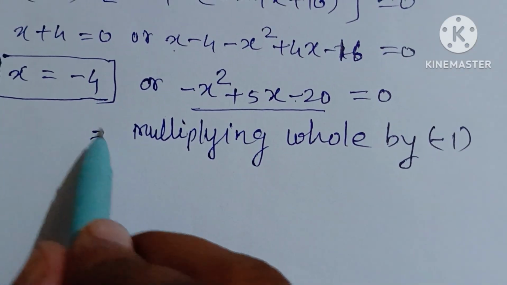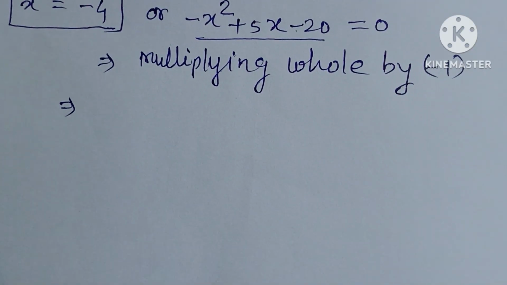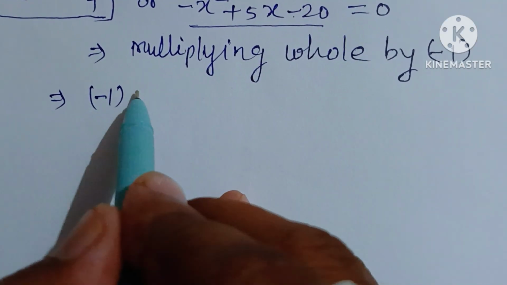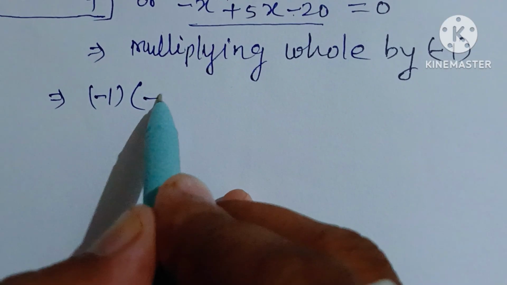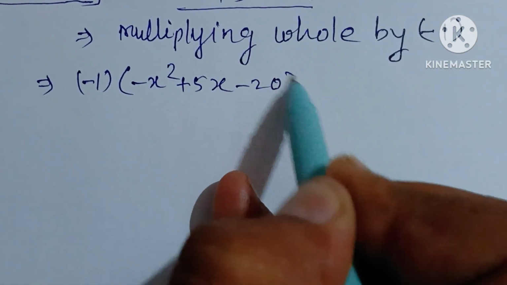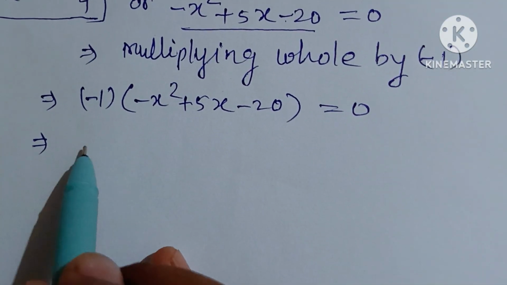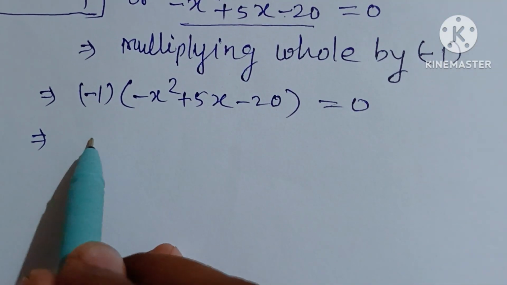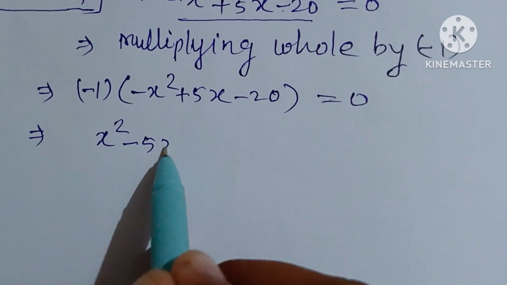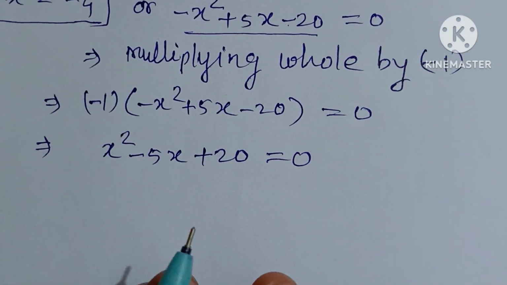So we get minus x square plus 5x minus 20 equal to 0, implies that if you multiply by the minus sign, minus into minus becomes plus: x square minus 5x plus 20 equal to 0.